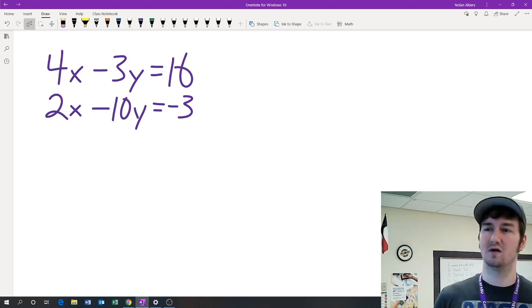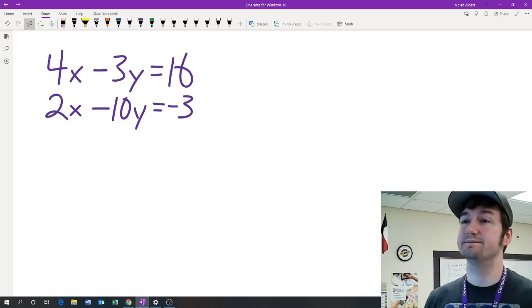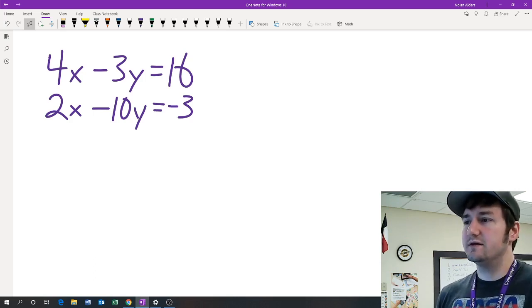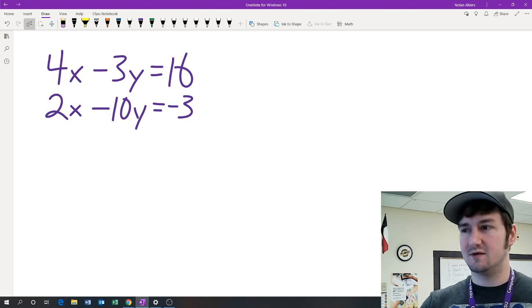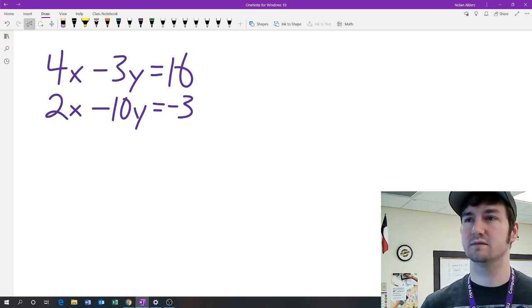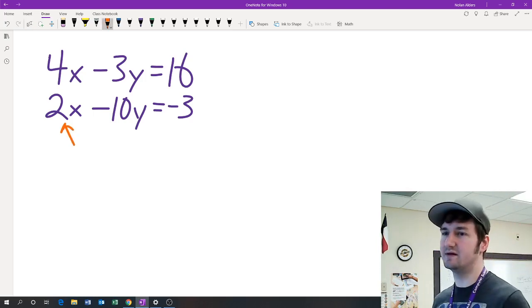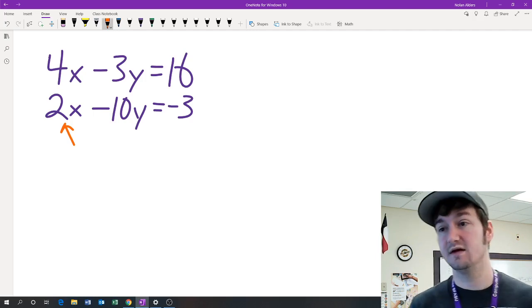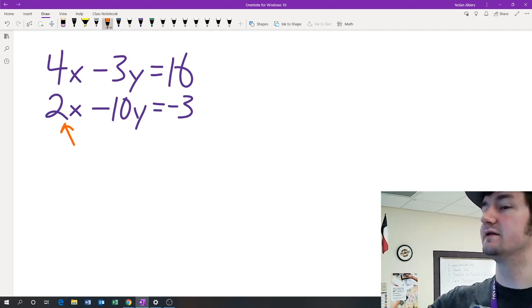Okay? Hopefully you completed the problem. Now let's see if you got it right. Notice for this bottom equation, if we multiplied the bottom equation by -2, then we would get a -4 for our x right here. That's what I'm thinking would be maybe our most efficient strategy. So let's do that. We're going to multiply this bottom equation by -2.